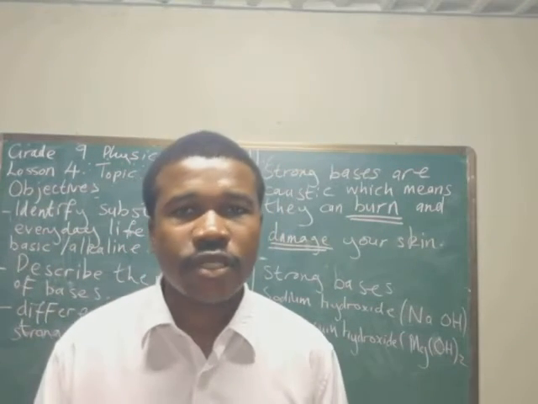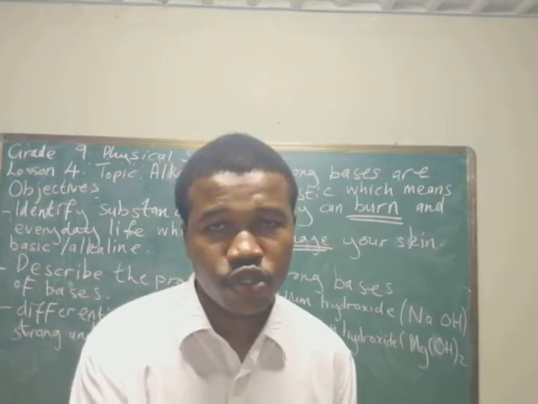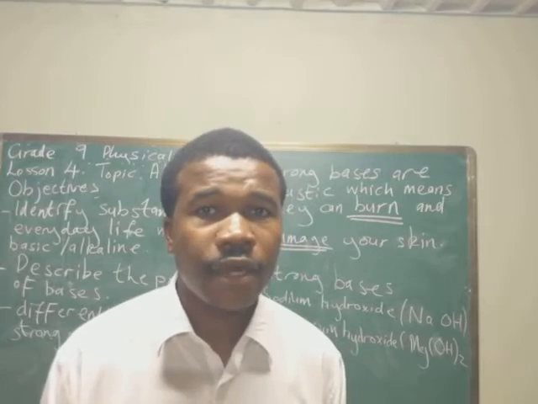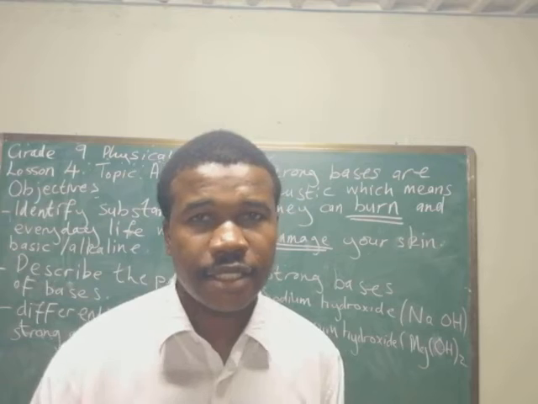So if something dissociates completely and it gives us the corresponding cation, which is usually a metal, and then the hydroxyl anion, then we will know that this is a strong base.